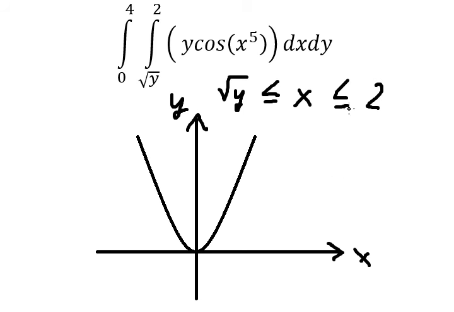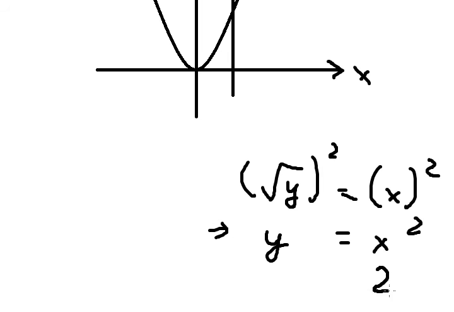And x is smaller than or equal to number 2. So that should be in here. Now let's go to dy. dy starts from 0 to number 4. So when we put number 2 in here, we have y equal to number 4.